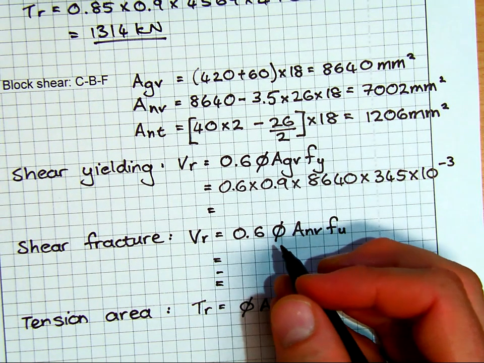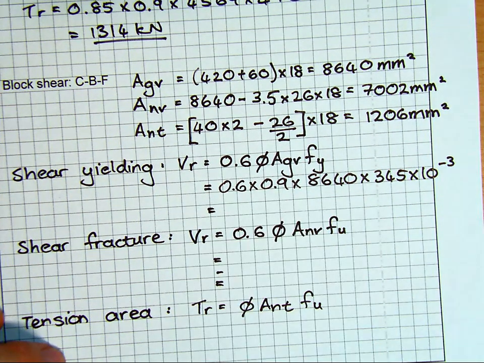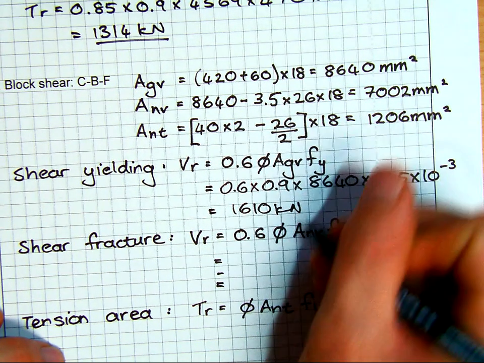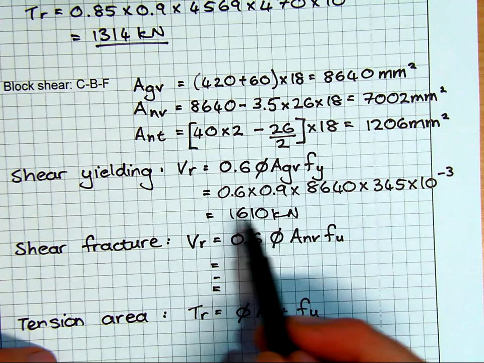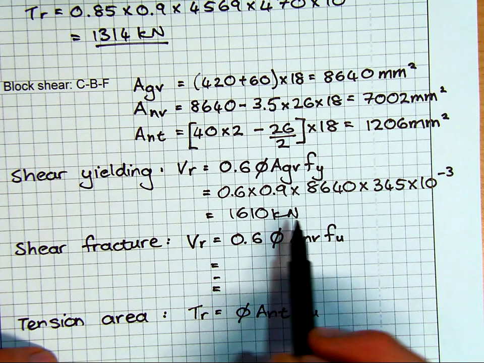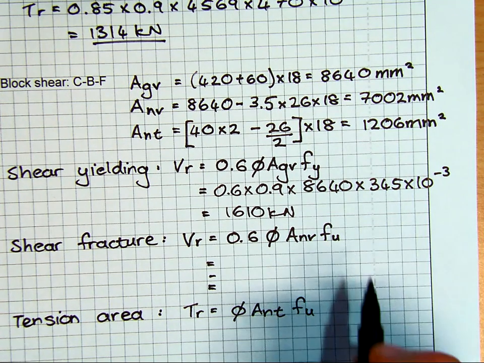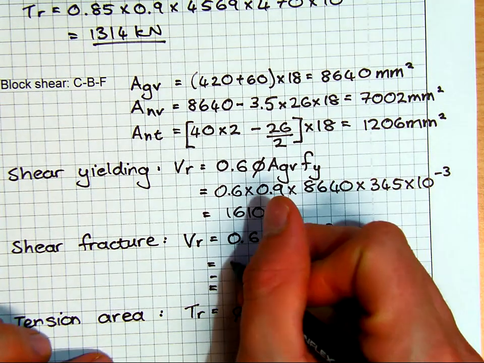And now we can get to our capacity of the section, which is 1610. Right at this point, we'll already see that this is not going to govern. This is higher than we've calculated above, and we haven't even added the tension in. But we're still going to keep going and complete this.